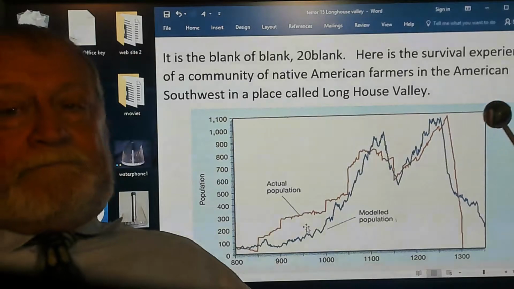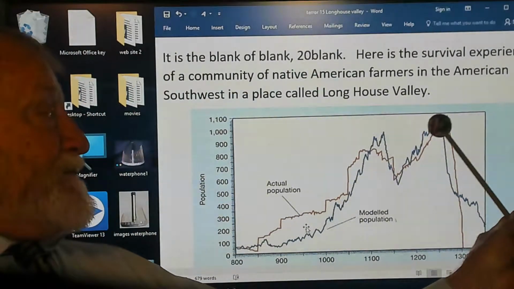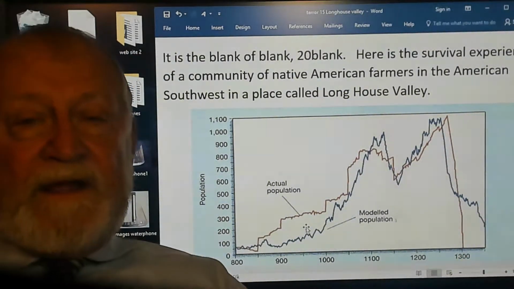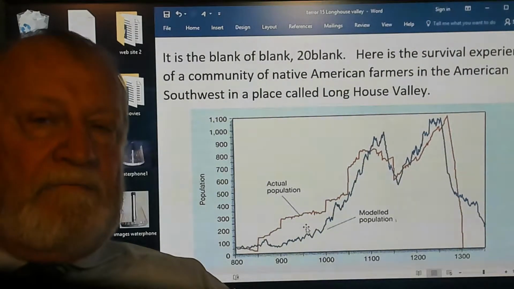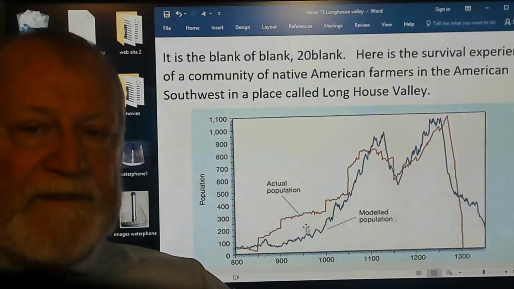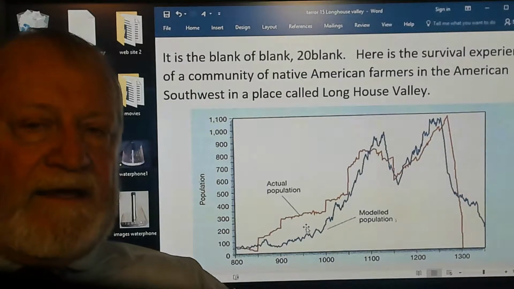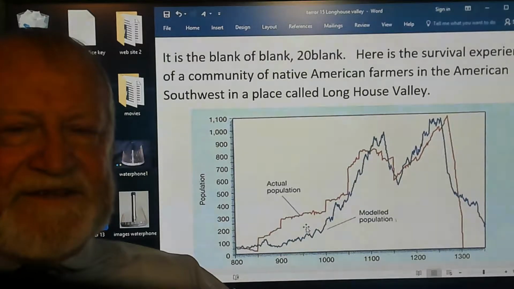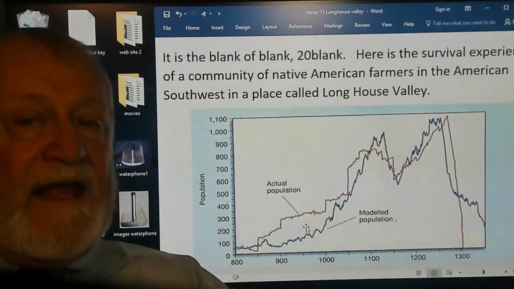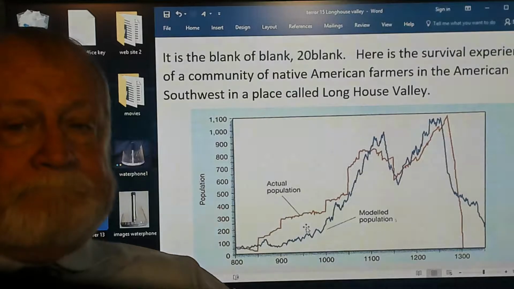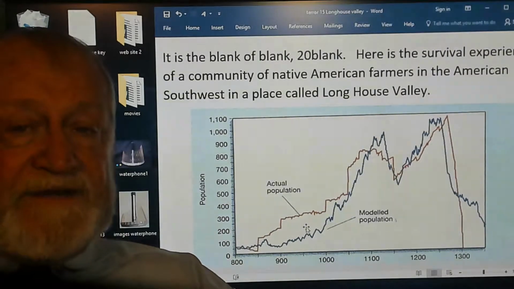All right. Well, there's a red line and a blue line. The red line is the population in that little valley as figured by charcoal in fireplaces. They found every fireplace in the valley, looked at the charcoal, and saw what years it was occupied, and from there they could calculate a number for population.